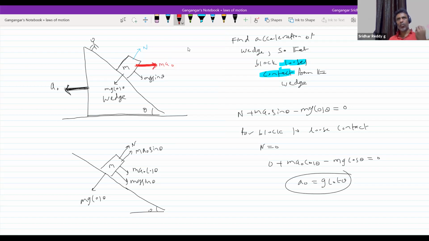For a block to lose contact from a surface, what is the condition? Normal contact should be 0. Getting the idea? So anywhere in a numerical, for a body to lose contact, what is the necessary condition? The normal contact should be 0. There's one general thing we are concluding here.